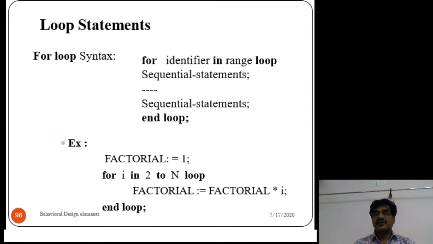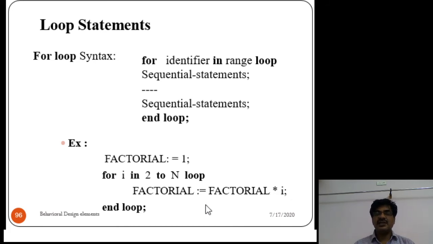Then what is the statement? Factorial := factorial * I. That means, what is the I value initially? As per the loop declaration, the I value is initially 2. After that, for every iteration, the I value is incremented by 1. So that is factorial := factorial * 2 in the first iteration.